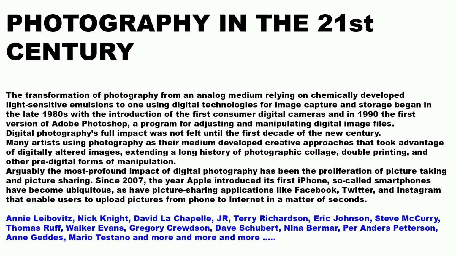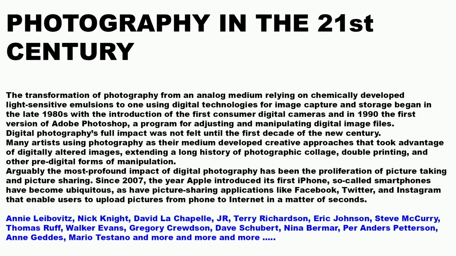Photography in the 21st century. The transformation of photography from an analog medium relying on chemically developed light-sensitive emulsions to one using digital technologies for image capture and storage began in the late 1980s with the introduction of the first consumer digital camera, and in 1990, the first version of Adobe Photoshop, a program for adjusting and manipulating digital image files.